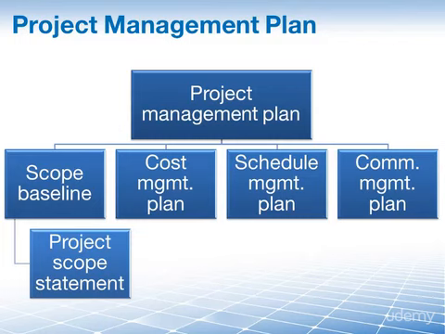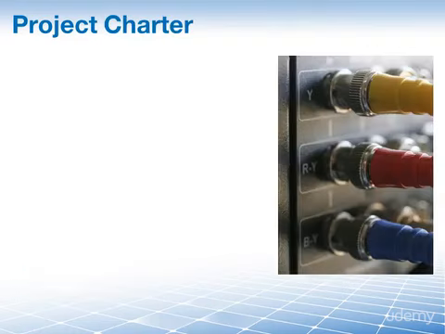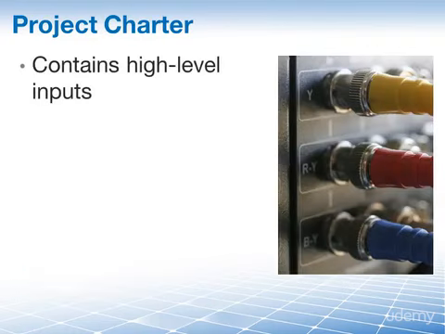They all have specific and inherent risk. Next, we have the project charter, which contains this high-level information and inputs. First of all, we have risks in there already identified in the project charter. The relevance of this information is obvious.